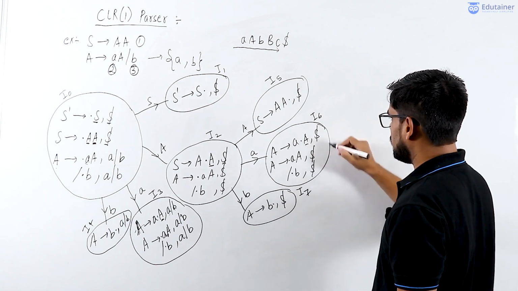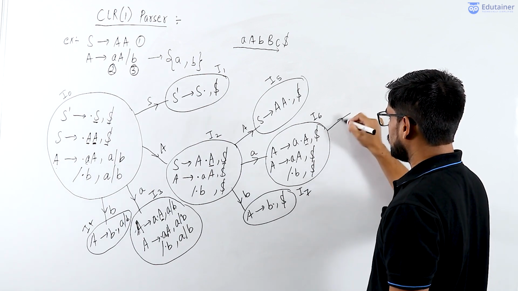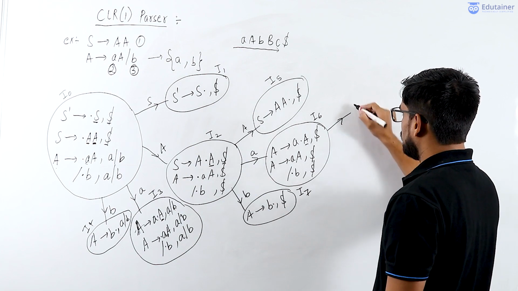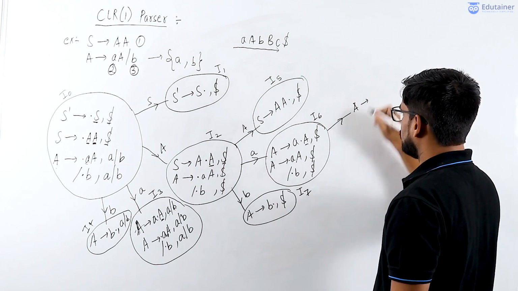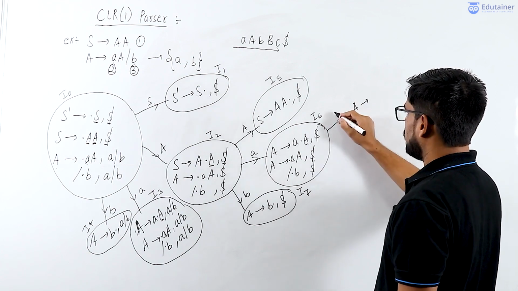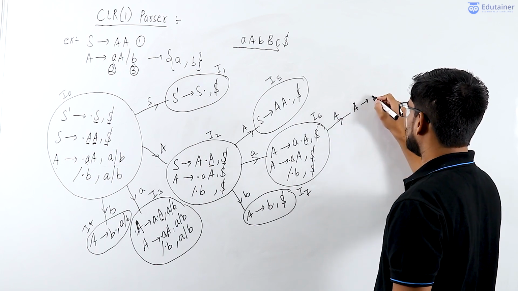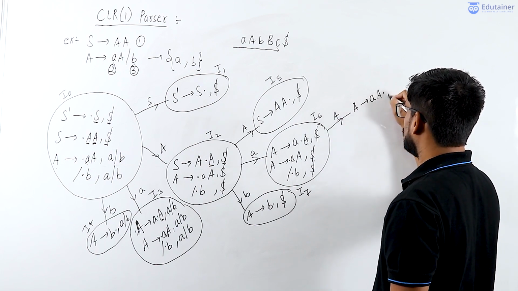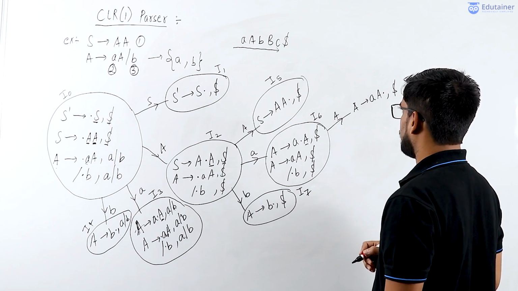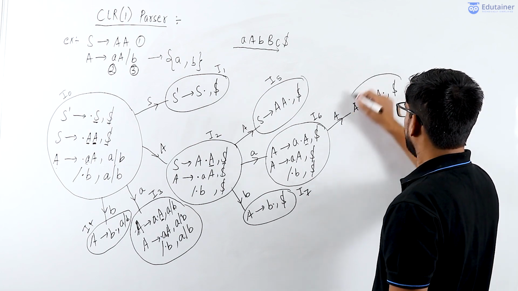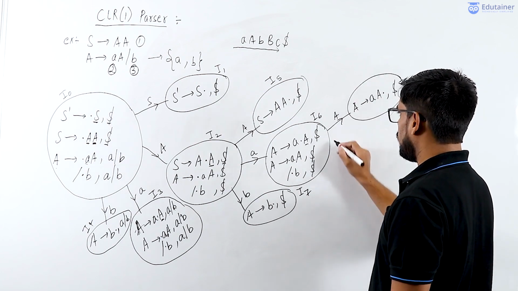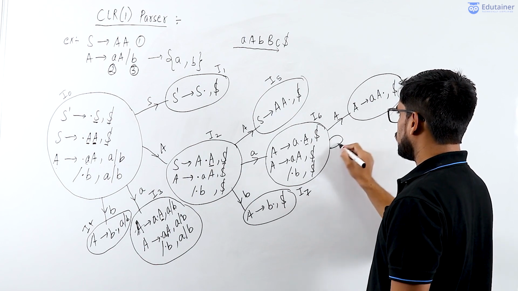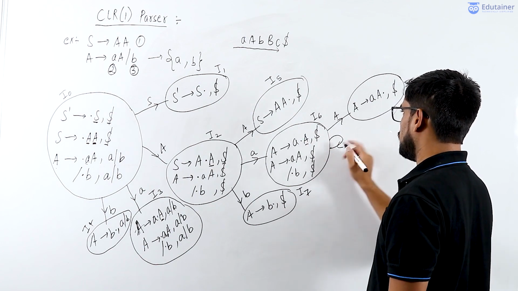Now let's take state number I6. So state number I6 is A derives A dot A, dollar. Okay, and on small a, it will go to the same state, meaning the loop is present here.